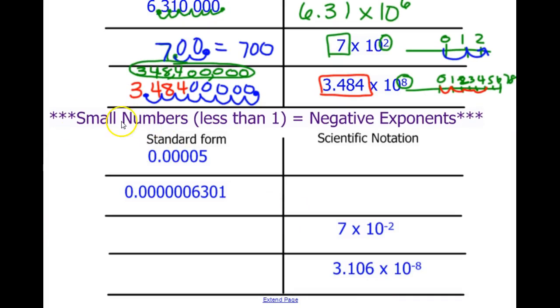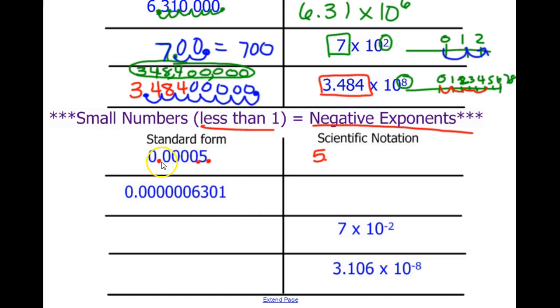Same thing here, but now we're going to have small numbers, small meaning less than 1. These are going to have our negative exponents. So right now I know that this is a really small number, it's less than 1. I need to move my decimal here over to get a number between 1 and 10. So 5, if I move my decimal over here, 0.5 is not between 1 and 10, so I need all the way on this side, 5 point nothing, or just 5.